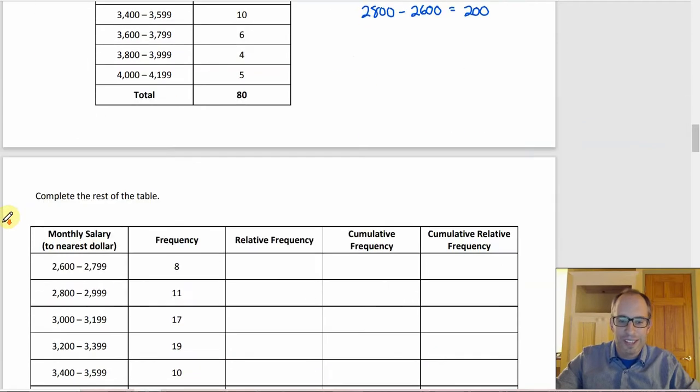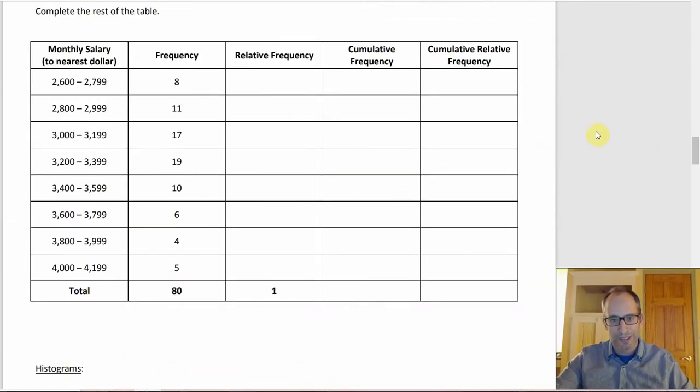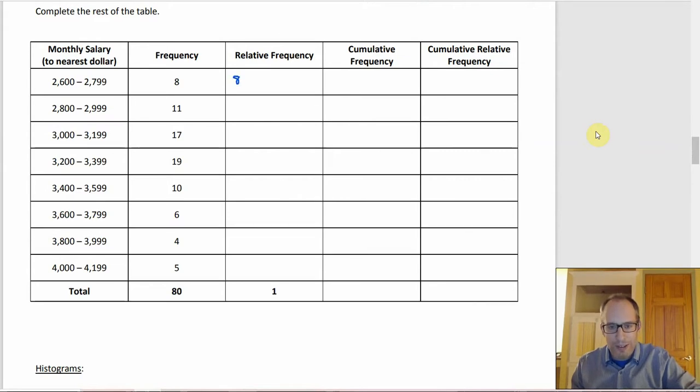All right, the next thing is completing the rest of this table with the relative frequencies and the cumulative frequencies. This time, the total number of observations is 80. So to get the relative frequency, it's just the frequency divided by that. For the first one, you'd have 8 divided by 80, which is 0.1.